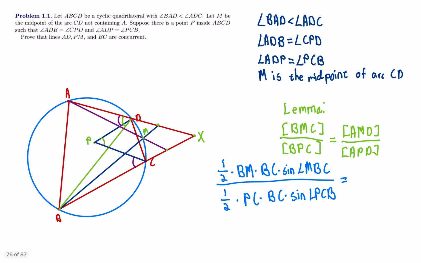And this equals, for AMD, 1/2 times AD times AM times sine of angle DAM, over 1/2 times, for APD, 1/2 times AD times DP times sine of angle ADP.